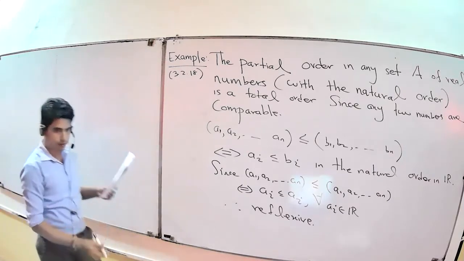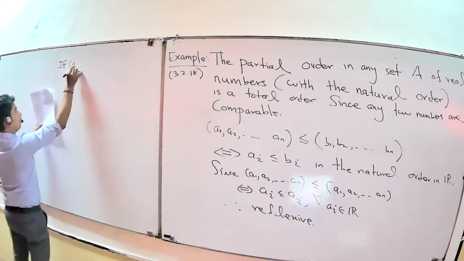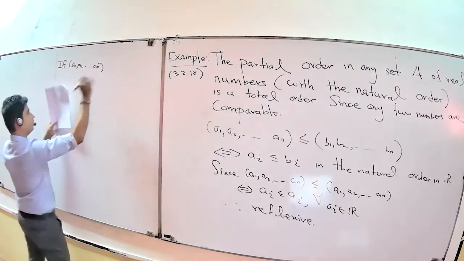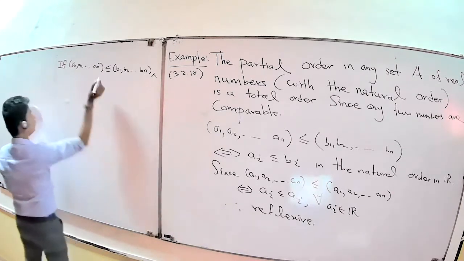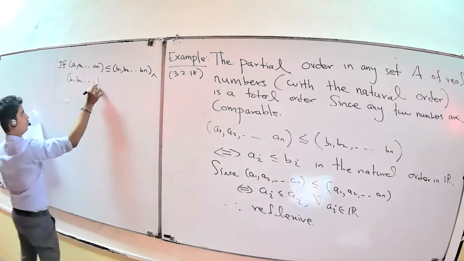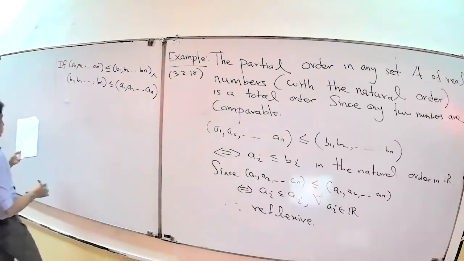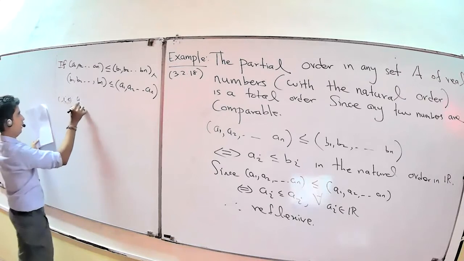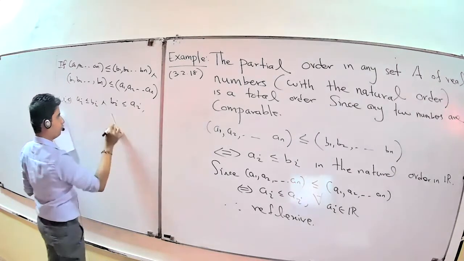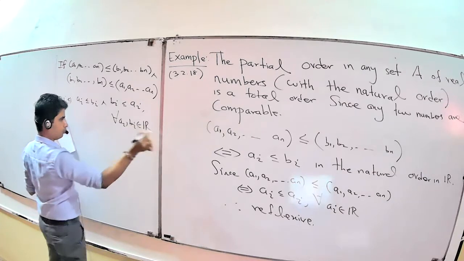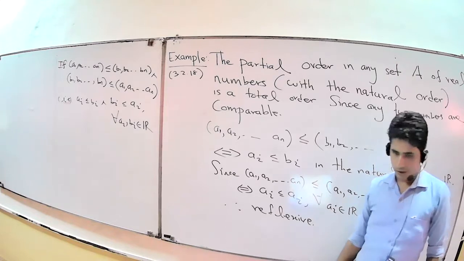For the antisymmetric case, if (a1, a2, ..., an) is less than or equal to (b1, b2, ..., bn), and again (b1, b2, ..., bn) is less than or equal to (a1, a2, ..., an), from these two you can write, if and only if, ai less than or equal to bi, and from this part bi less than or equal to ai, for all ai, bi belonging to real numbers.